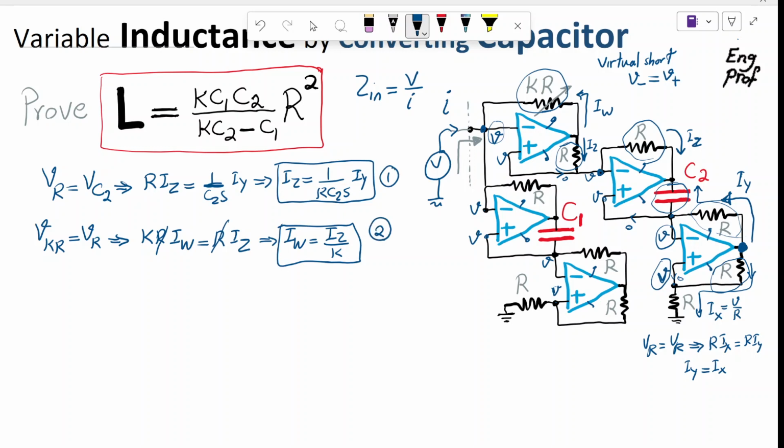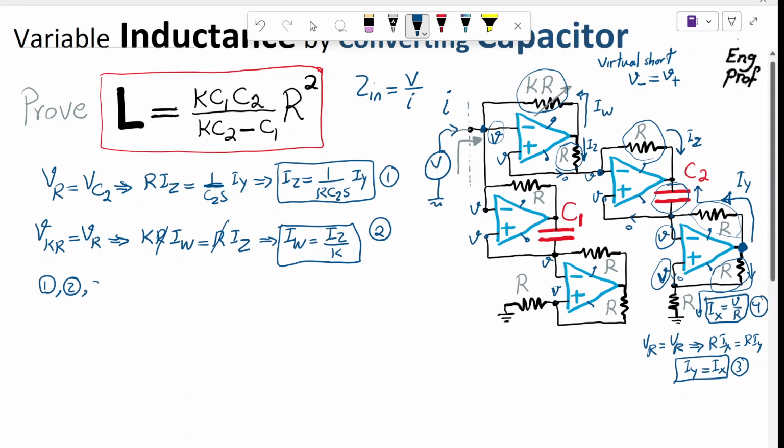As a result, I can combine these two. From 1 and 2, and actually let's name, we all know that Iy equals Ix, so that's also 3, and we know that Ix equals V over R, that's 4.